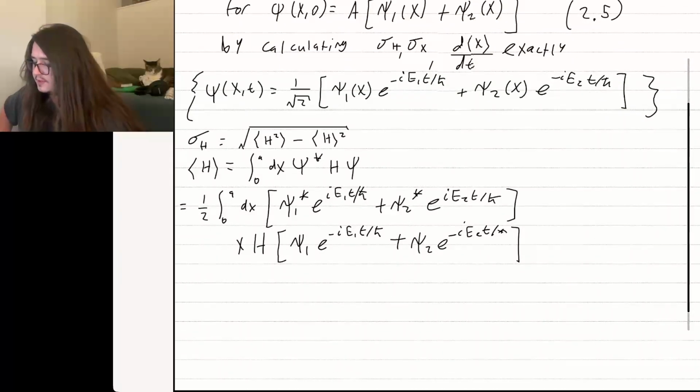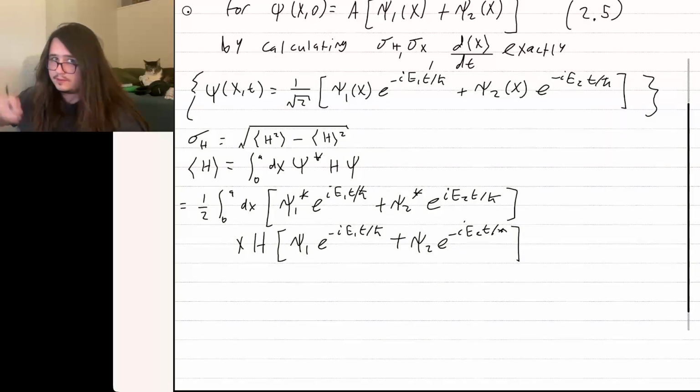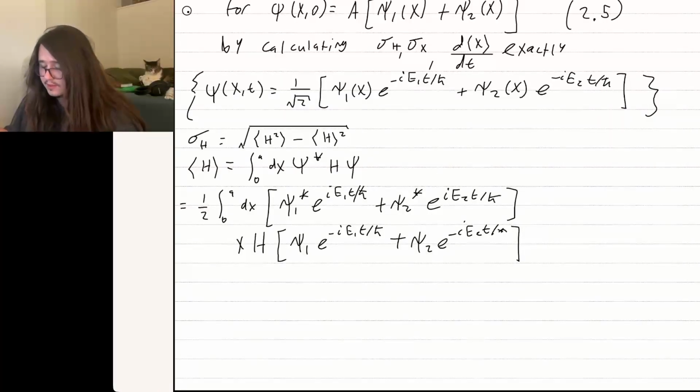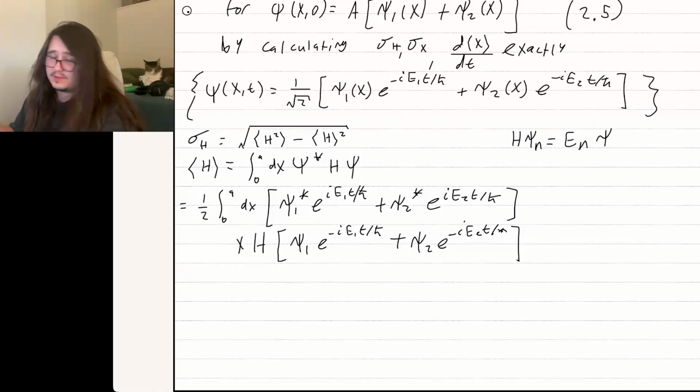So the cool thing about this is that the Hamiltonian acting on a stationary state for the infinite square well just gives back the energy value of the infinite square well. In fact, that's the case for most stationary state problems, so this is just an eigenvalue equation.